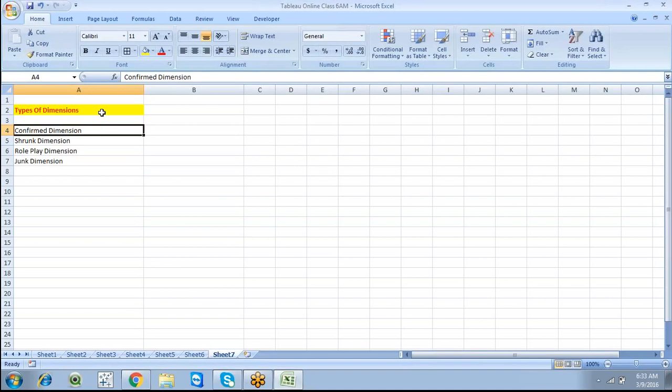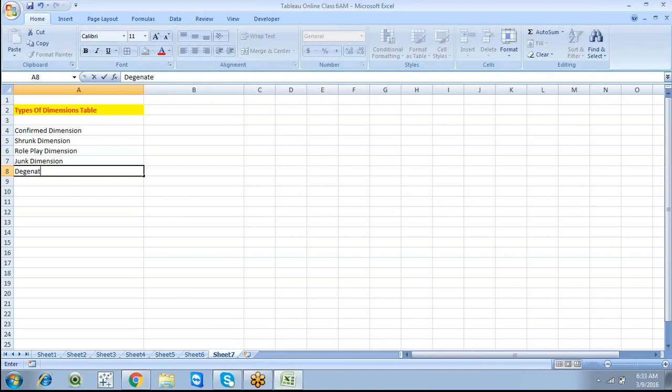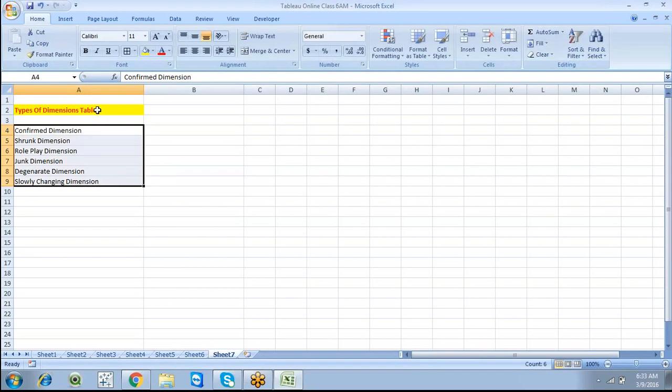So: conformed dimension table, shrunken dimension table, role-playing dimension, junk dimension, and degenerate dimension.